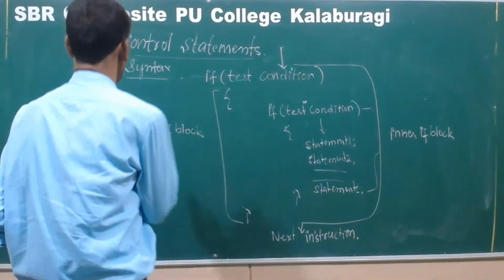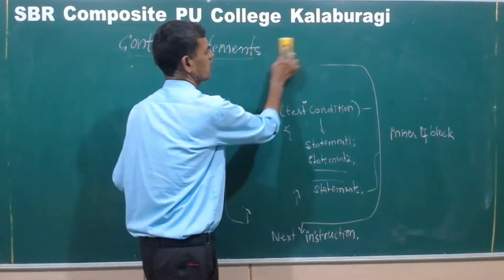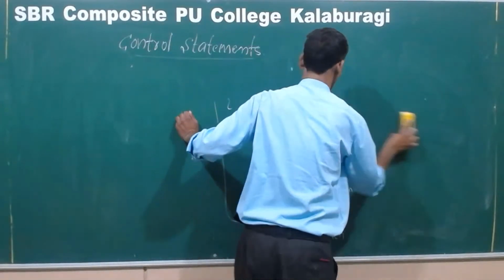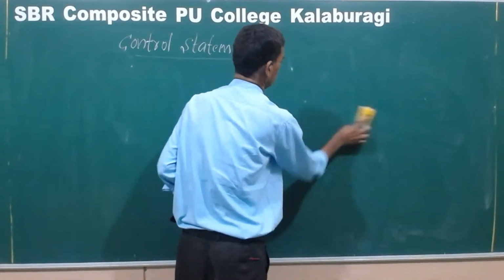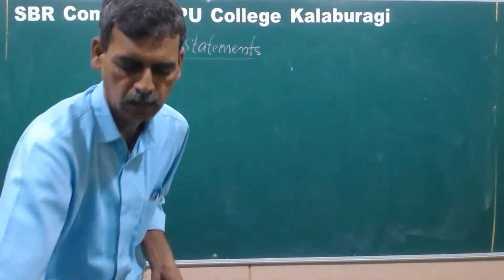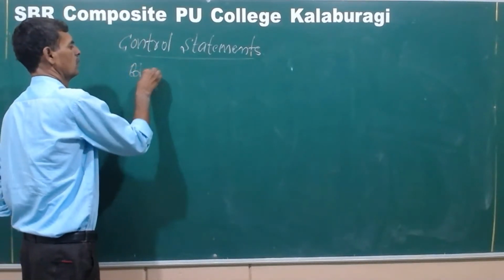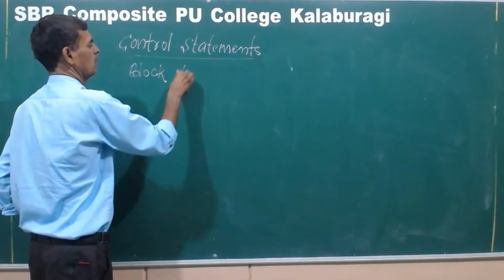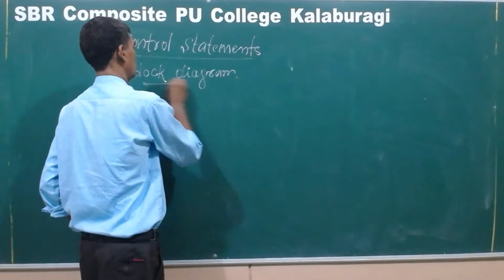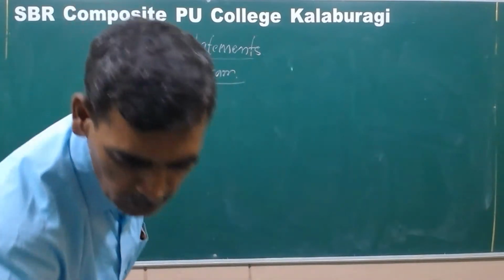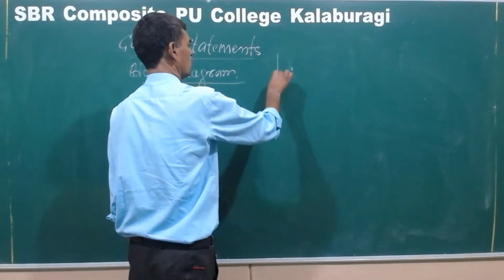Block diagram for the next statement. Here, control comes.